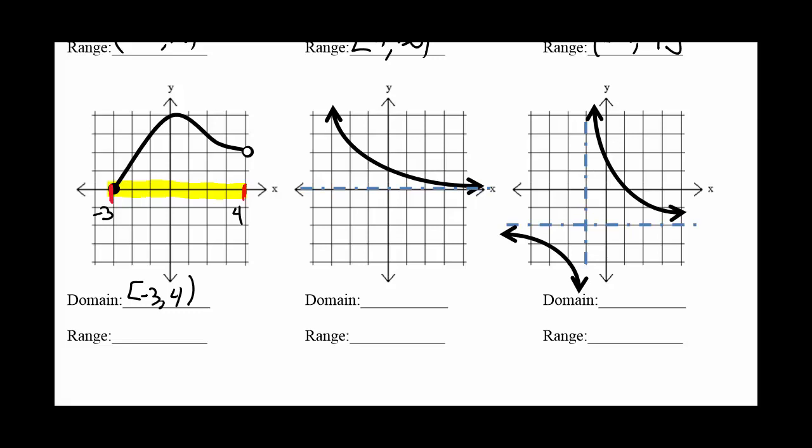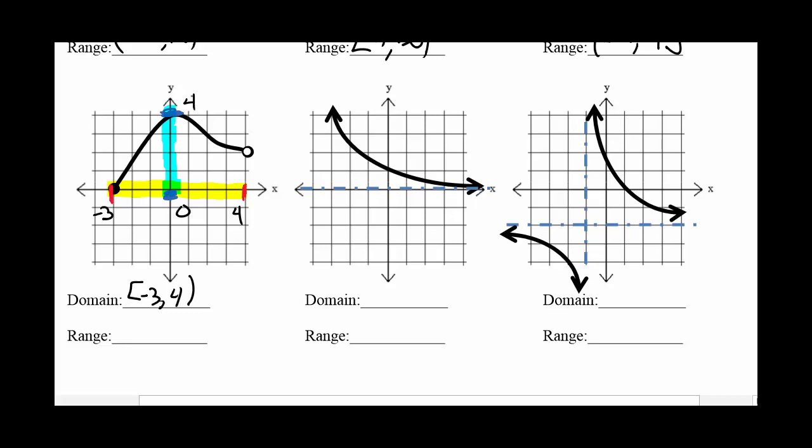What about the range? Well, I can clearly see that the smallest y value is right there, and it goes up to that point. So I want to include anything between those two values as my range. What's the high versus the low? Well, at that end it's 0, and counting up we have 1, 2, 3, 4.